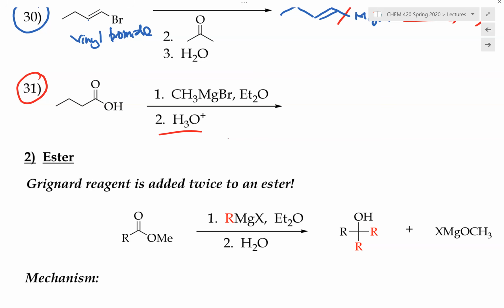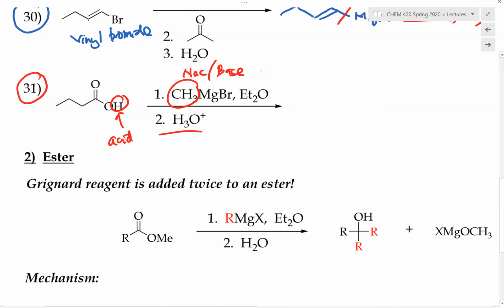Here in this case, when we take this Grignard reagent and react it with the carboxylic acid, the carboxylic acid has a proton that is not compatible with the Grignard reagent, because this is an acid. This reagent can behave as both a nucleophile and a base.